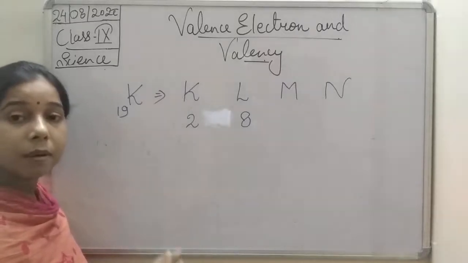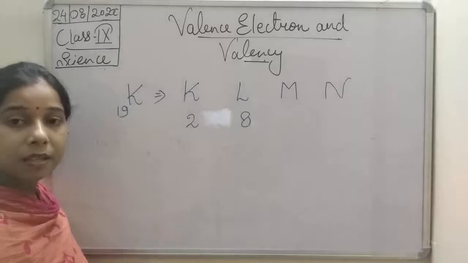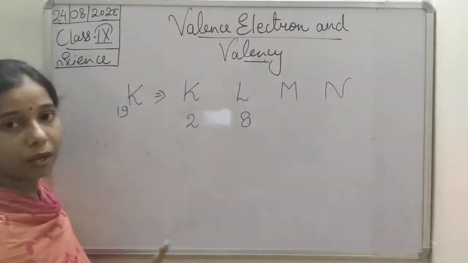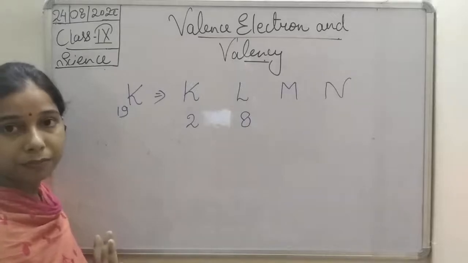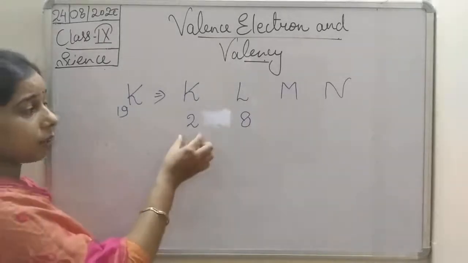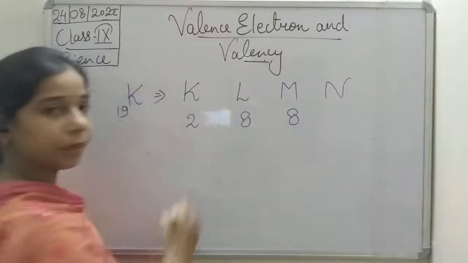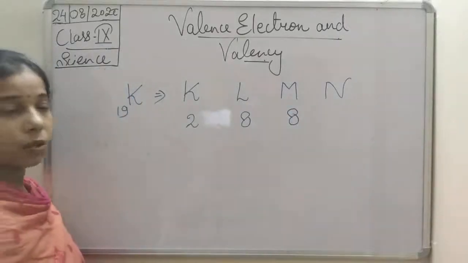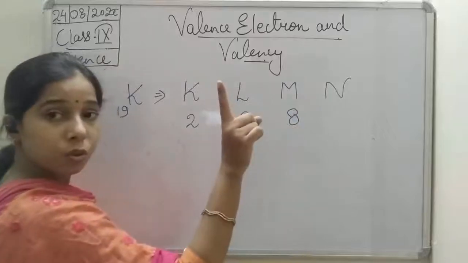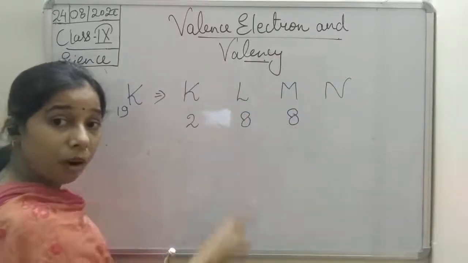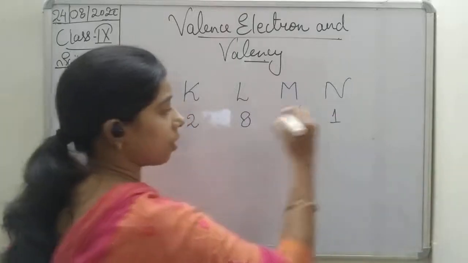So the maximum number of electrons possessed by the outermost shell must be 8, not more than 8. So you see here it is 2, it is 8, and then 8 electrons will enter here. After that, 1 electron is left, because 2, 8, 8 is 18.